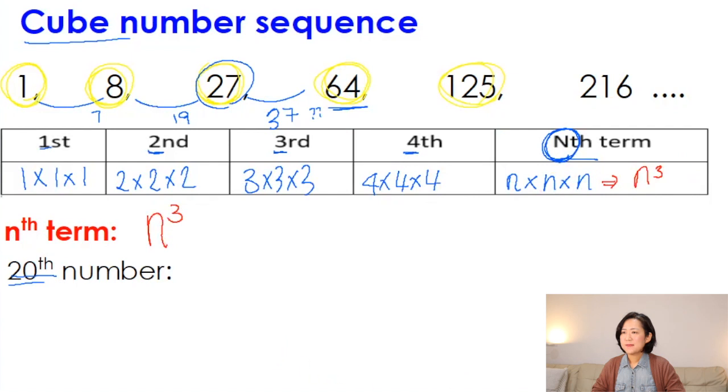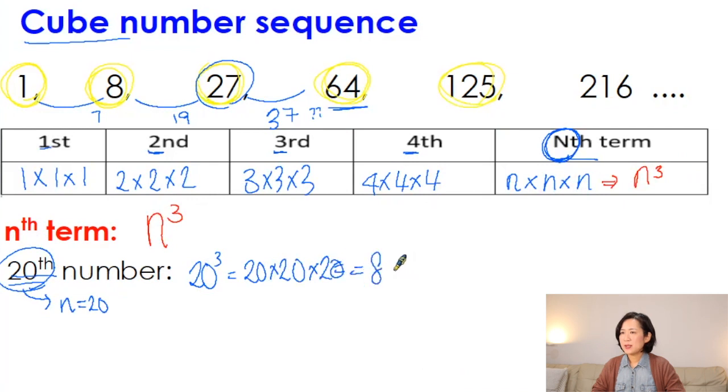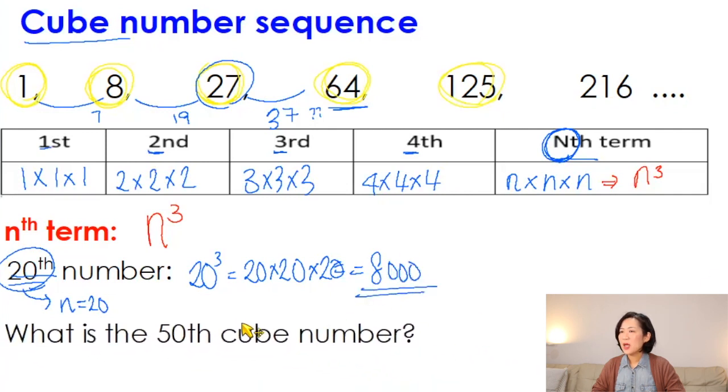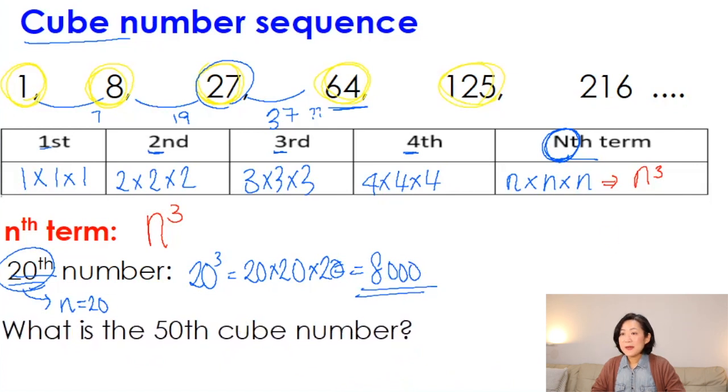So now let's find our 20th number. 20 means your n is 20. So let's put in 20 times 20 times 20, which is 20 cubed. So 2 cubed is 8 and you add on the zeros to get 8,000. Then again, if I ask you to find the 50th cube number, how will you do it? Don't write down all the cube numbers.